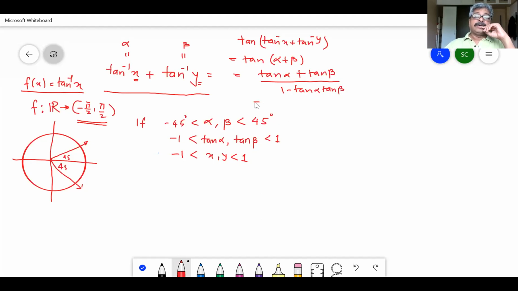Correct? Then this is x plus y divided by 1 minus xy. So tan of the required angle is x plus y upon 1 minus xy.